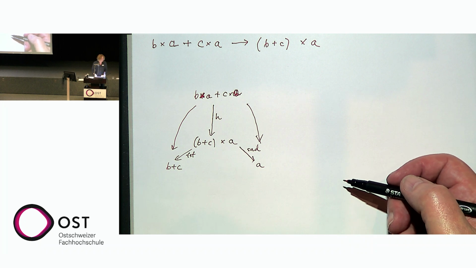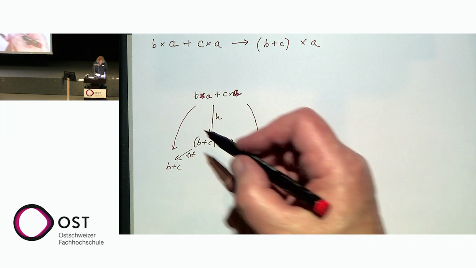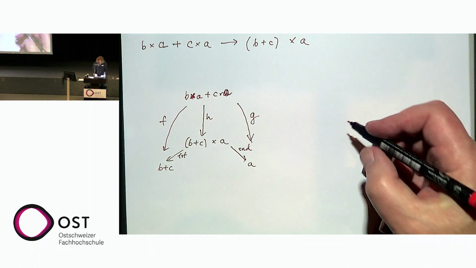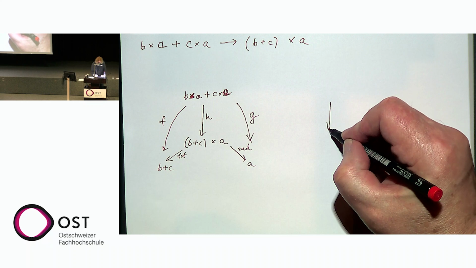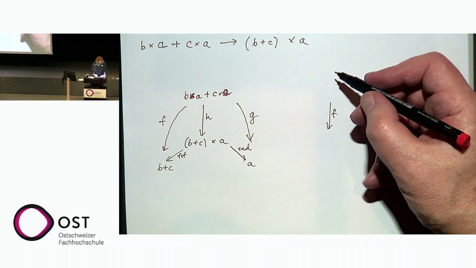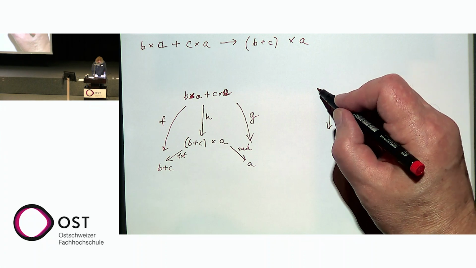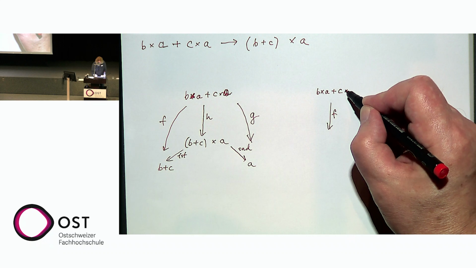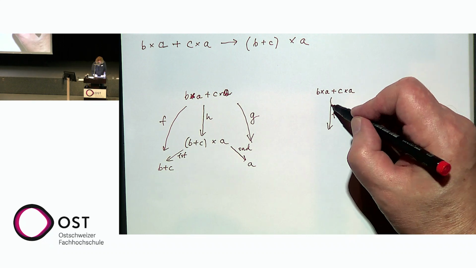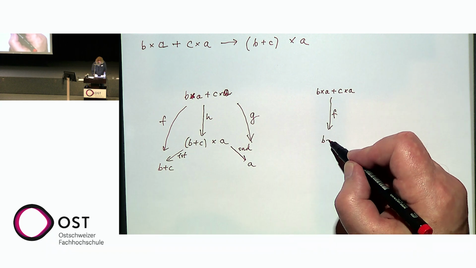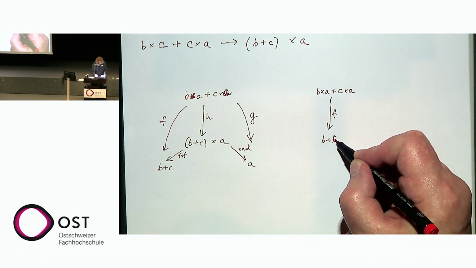Should be easy, right? So we need two functions, f and g. So let's look at f. I hope it works. So f is a mapping from B cross A plus C cross A to B plus C. And if I make a mistake, please correct me. B plus C, okay.